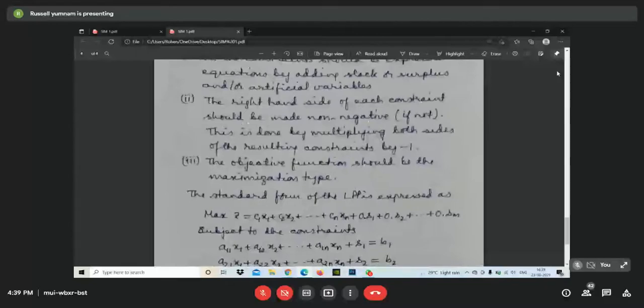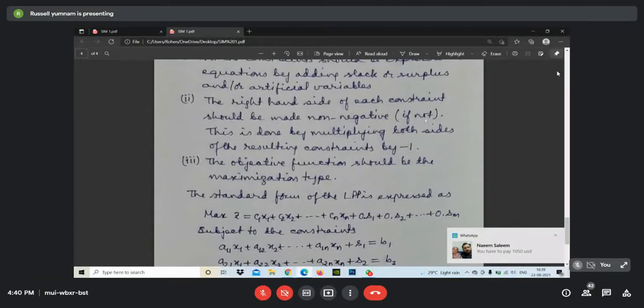The right hand side of each constraint should be made non-negative. If not, it is done by multiplying both sides of the resulting constraint by -1. The objective function should be the maximization type. Now let us write the standard form of the LPP.